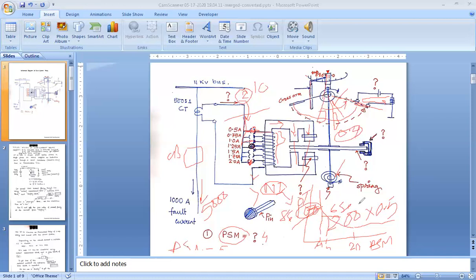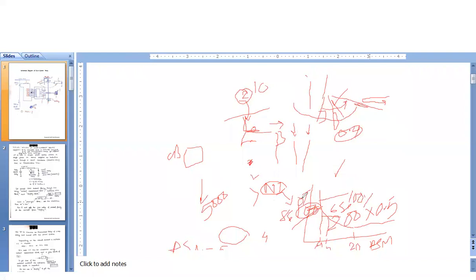So theoretically we can see 6 second operating time, obviously when the time setting is 100%. The only curve provided by the manufacturer, the characteristics provided by the manufacturer, is for the time setting of 100%.